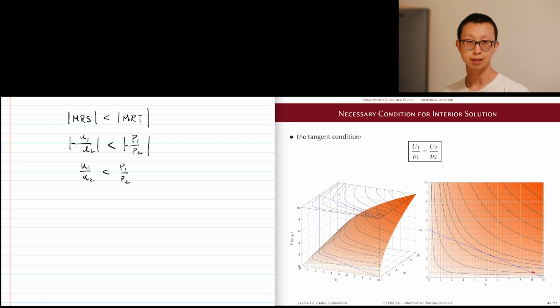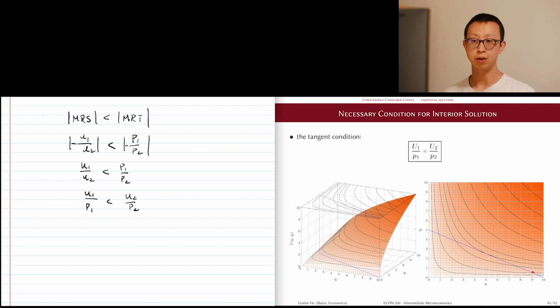And we can rewrite this again in the form of per dollar marginal utility. When we do that, we end up with U1 over P1 is smaller than U2 over P2. What does that mean? It means that now good 2 is offering us a better bang for the buck compared to good 1. So now what do we do?